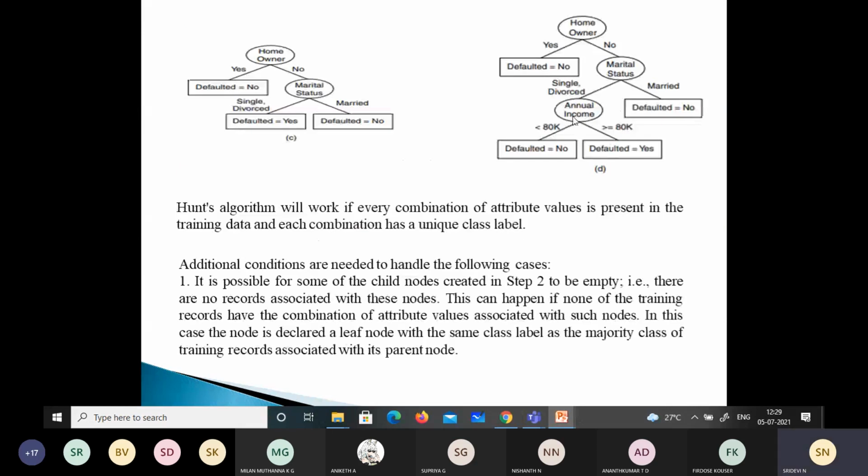Okay. So annual income is the next test attribute condition, and based on this we will bifurcate the records into two types. So what do we have to check? Those who are not homeowners, and marital status is either single or divorced, and annual income, the ones whose income is less than 80K and those whose income is greater than 80K.